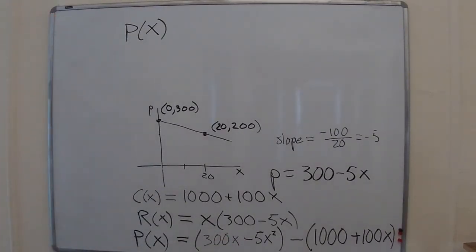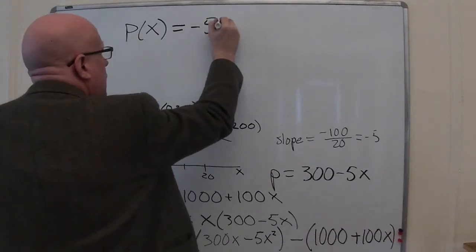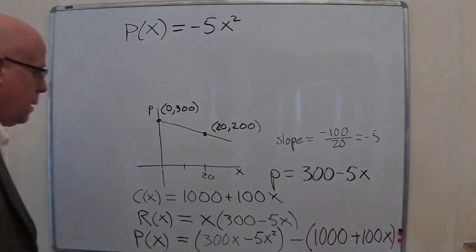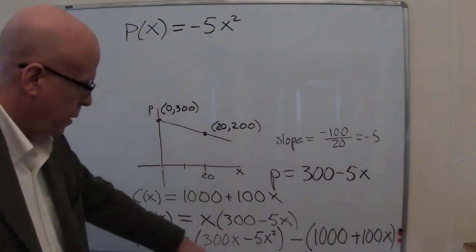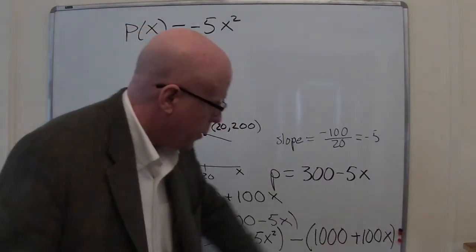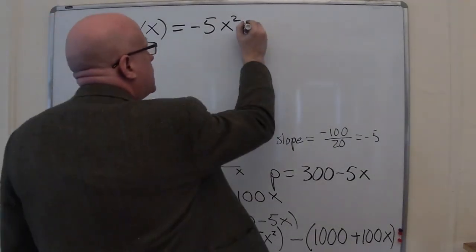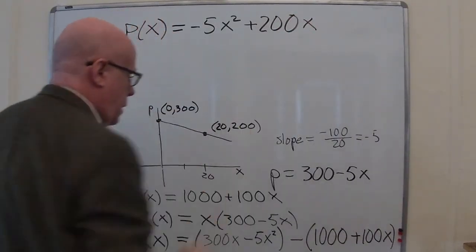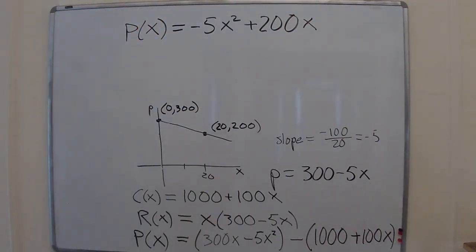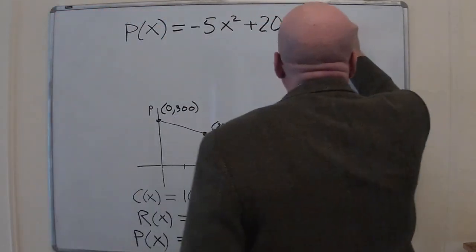Is that one right there, minus 5x squared. And then we have two of them that have just an x in them, 300x here, and then we're subtracting 100x, so 200x, positive 200x, yeah. And then the only one that's a constant is this 1,000 here, which is being subtracted, so minus 1,000.